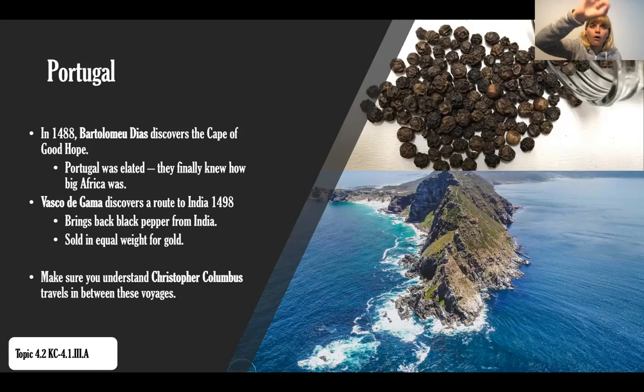So you know all of Western Africa all the way down to the tip. In 1498, so that year is important, a Portuguese sailor named Vasco da Gama is going to discover a route to India. Building on what Diaz did when he discovered the Cape of Good Hope, da Gama is going to sail all the way around the Cape of Good Hope and get into India.